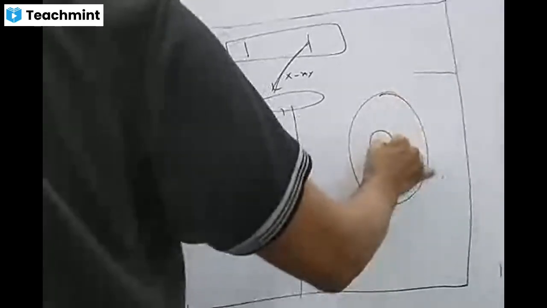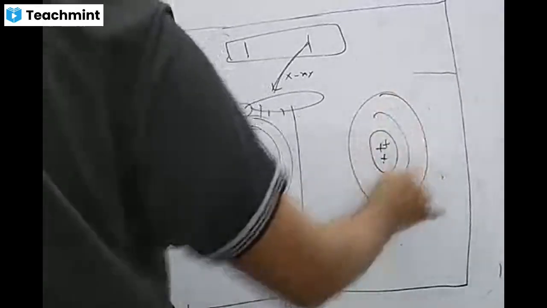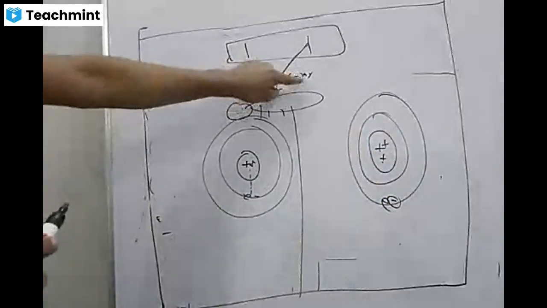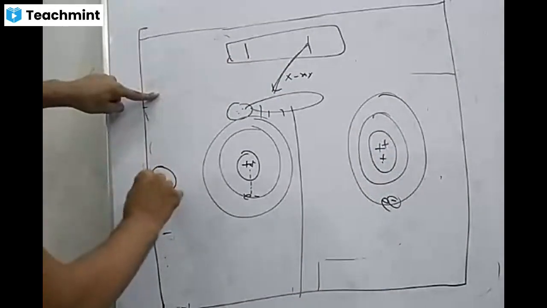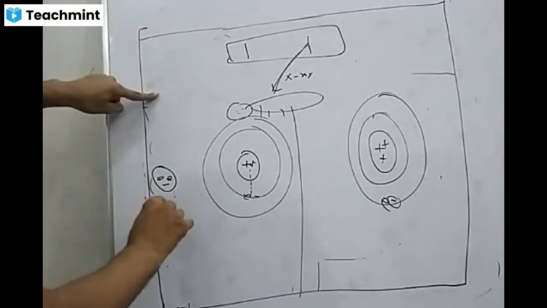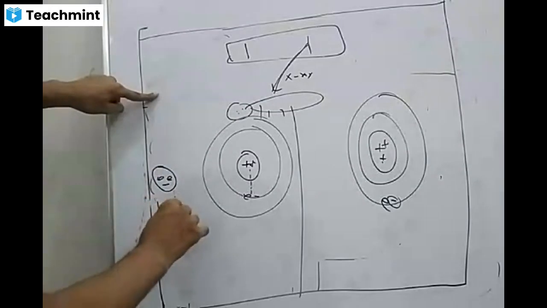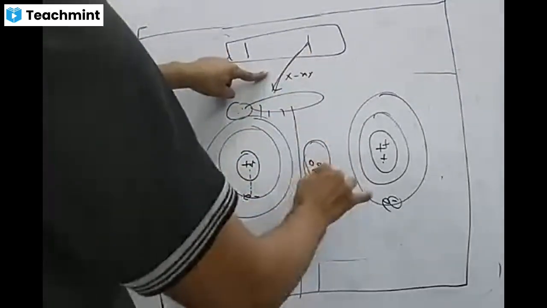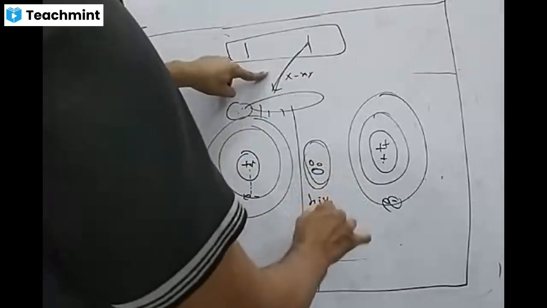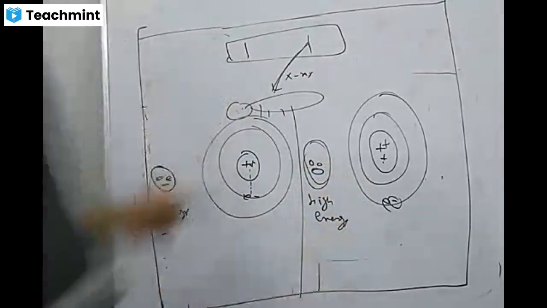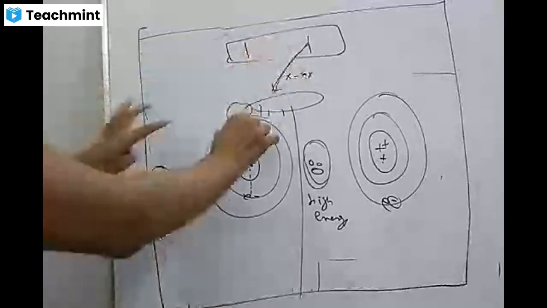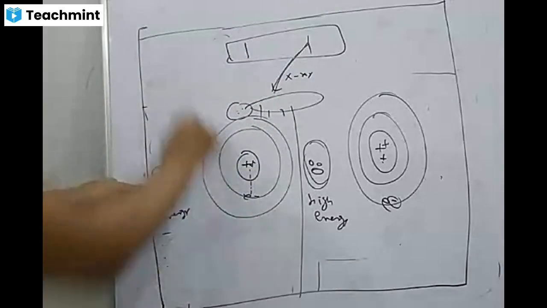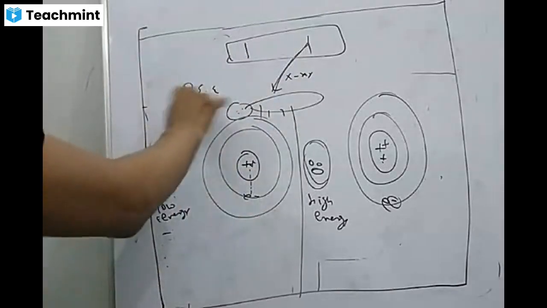This X-ray photon is of low energy. This photon is of high energy. The interaction with the animal, this low energy interaction, we call photoelectric effect.